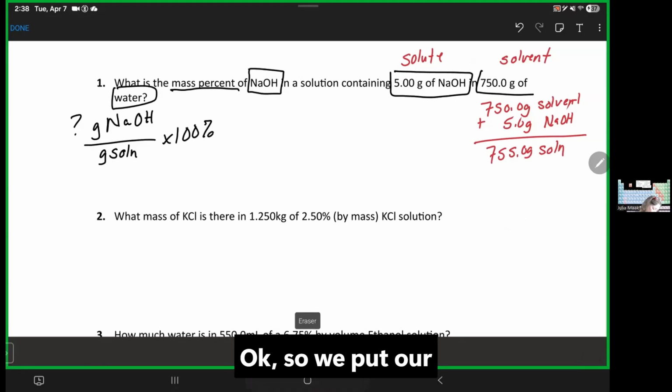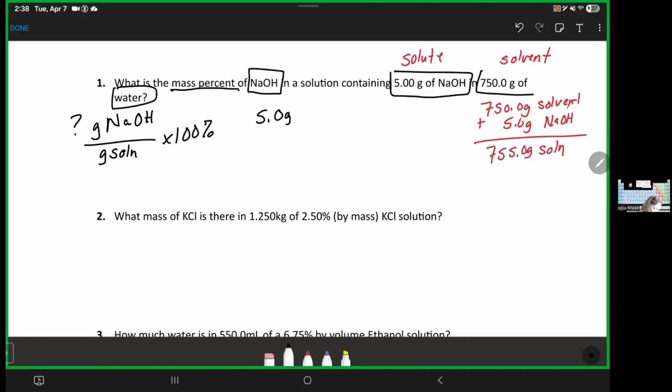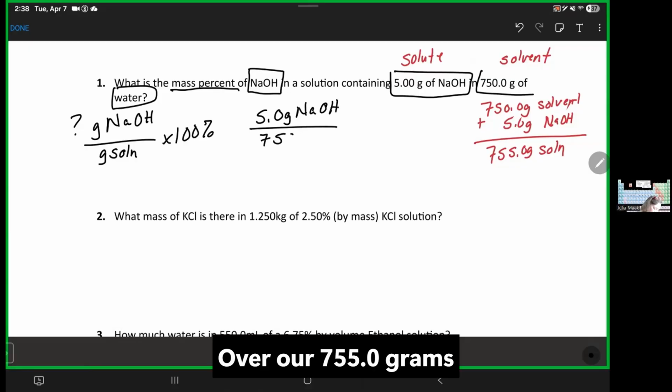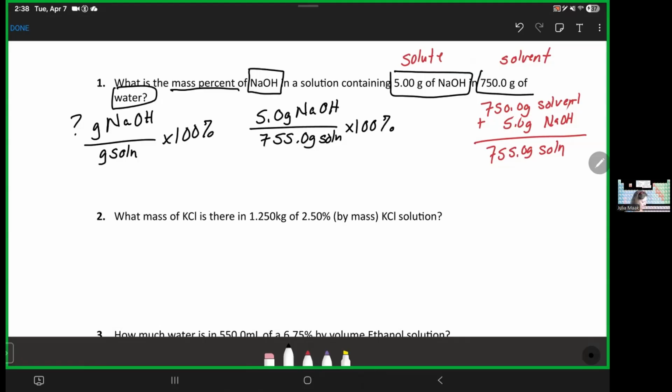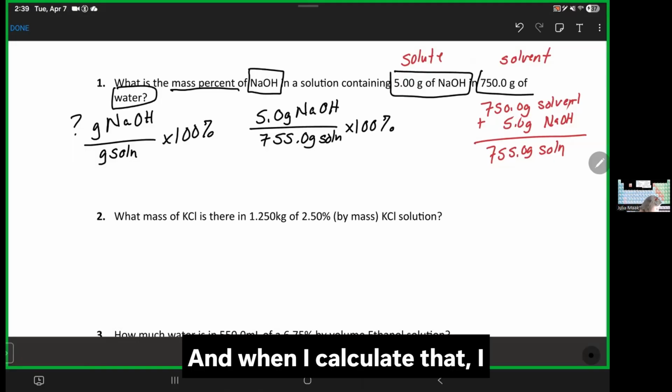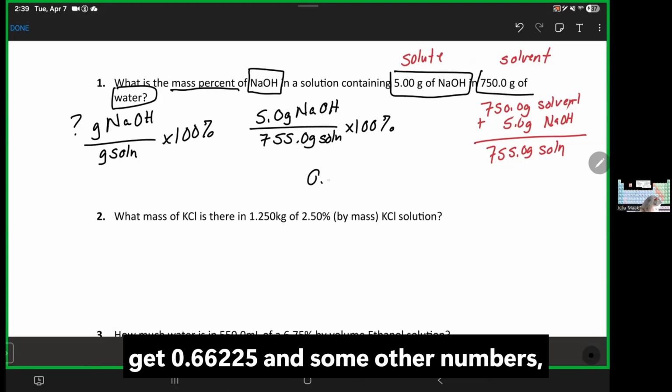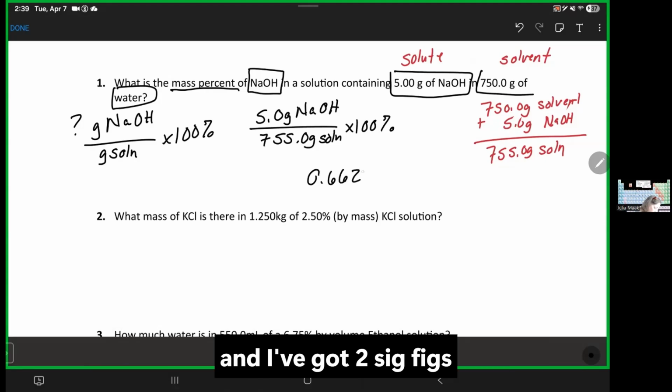Okay, so we put our solute, our 5 grams, over our 755 grams of solution times 100%. And when I calculate that, I get 0.66225 and some other numbers.